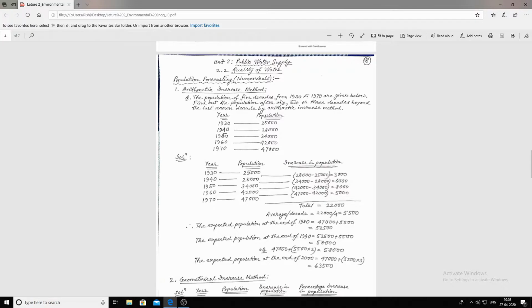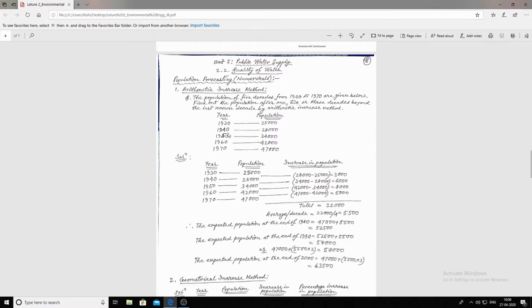So, for the numerical which is given, the population of 5 decades from 1930 to 1970 are given below. Find out the population after 1, 2 or 3 decades beyond the last known decade by the arithmetic increase method.